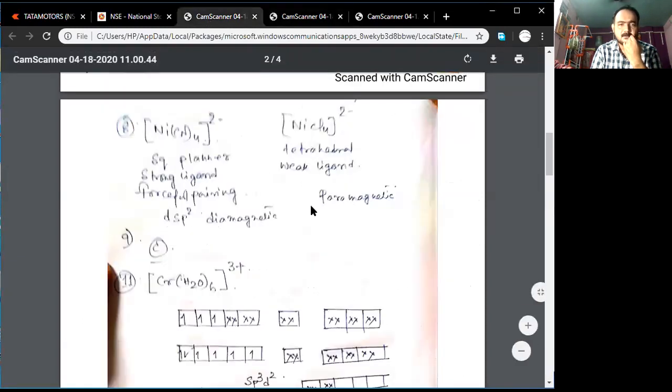[Ni(CN)4]2- is square planar, with a strong ligand, forceful pairing at dsp2, diamagnetic, whereas [NiCl4]2- is tetrahedral, weak ligand, paramagnetic.